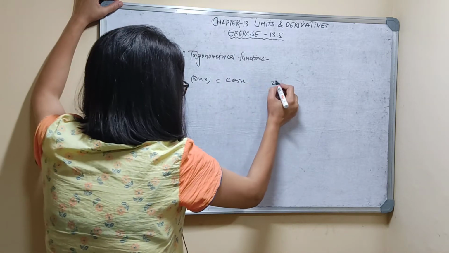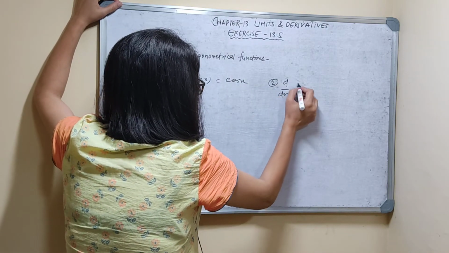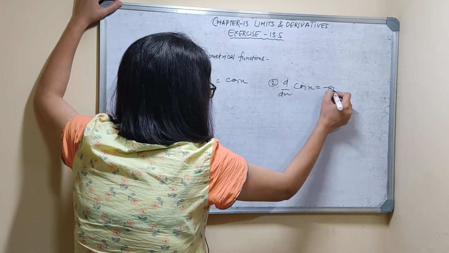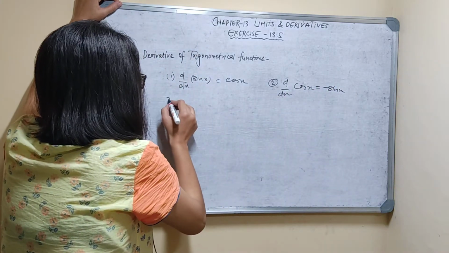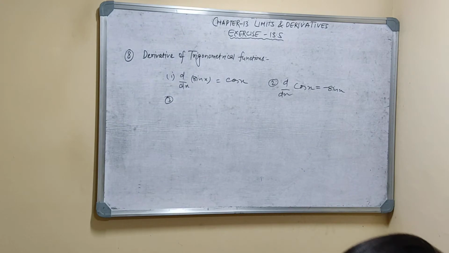Cos x. d by dx of cos x is minus sin x. d by dx of sin x is cos x. d by dx of cos x is minus sin x.